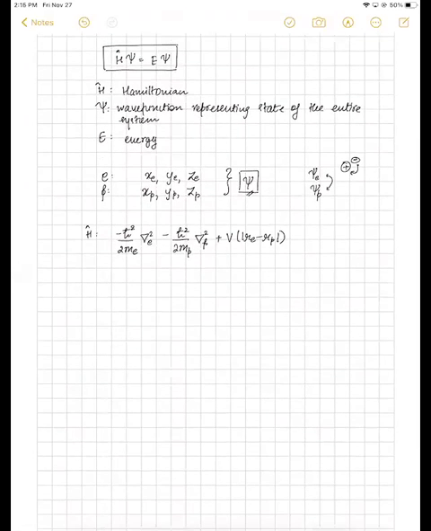And this potential is nothing but our Coulomb potential energy.